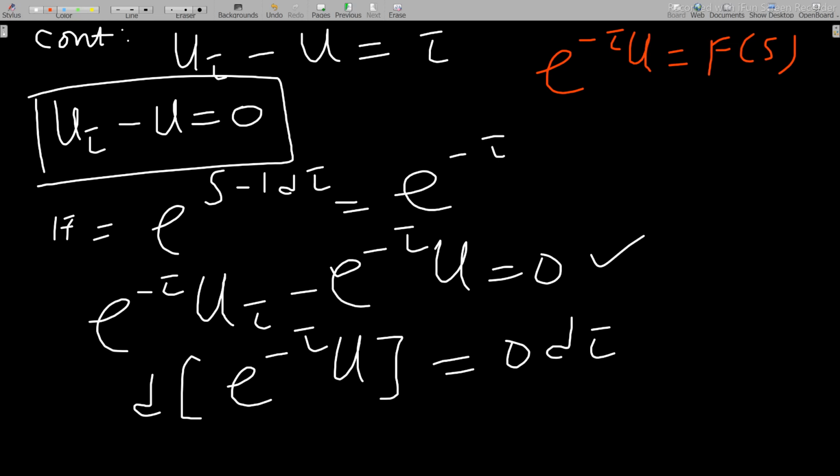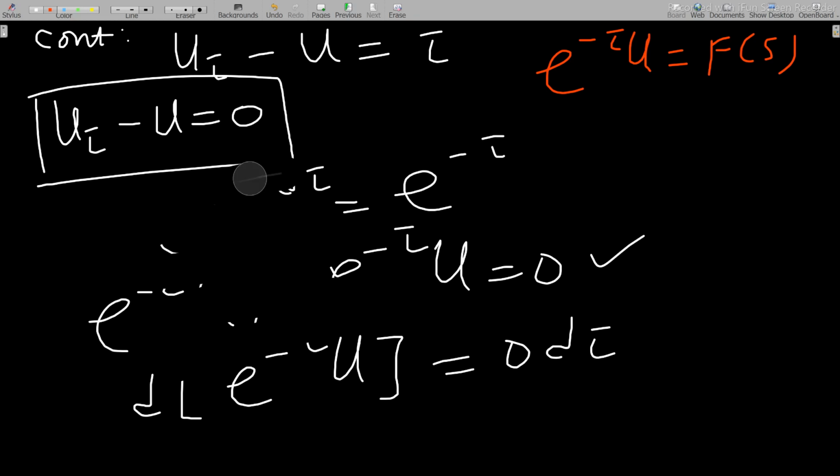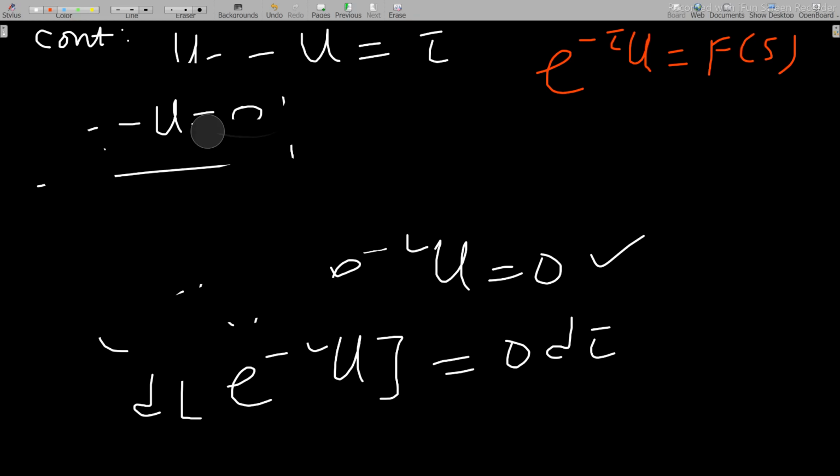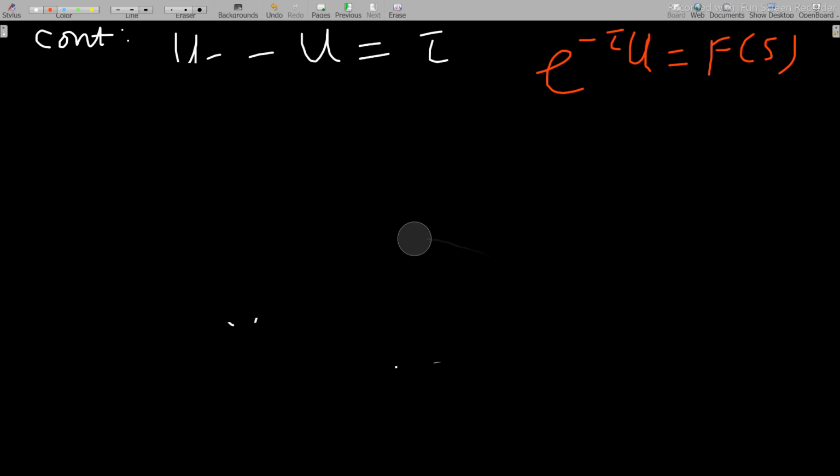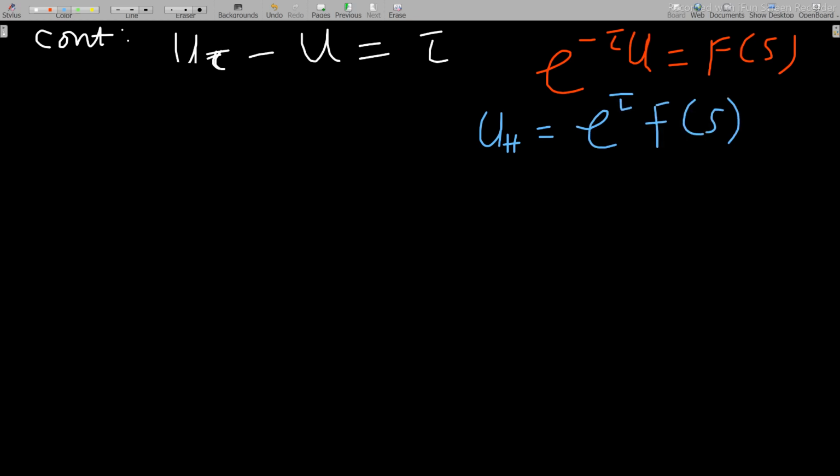So with the homogeneous solution, I'm coming to write it here for you. If you remember, I've already done this type of videos in our previous videos, so I hope you understand this. So with the homogeneous part, u homogeneous is equal to e to the power tau then f of s, simply making u the subject from this equation. I hope you understand.